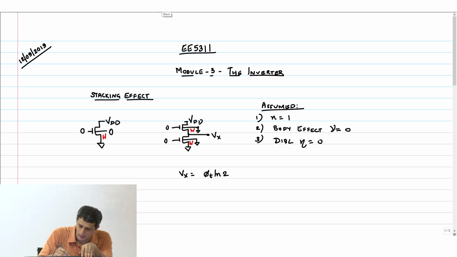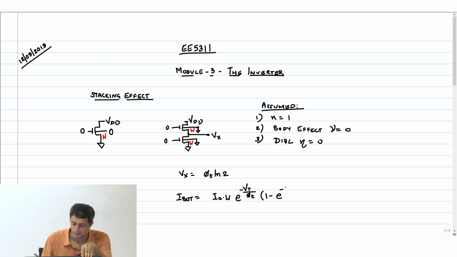I think I had the current through the bottom transistor, right, is I naught into W e power what? Yeah, VGS is 0, right? So it is minus VT by phi t into 1 minus e power minus VDS, that is Vx by phi t, right?